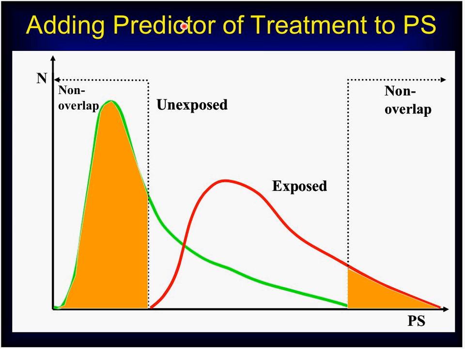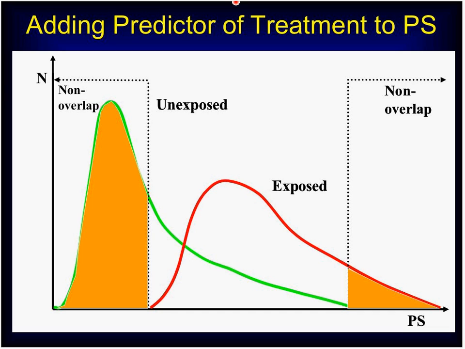If this predictor of treatment is also affecting the outcome, then it's a confounder, and then I need to put it into the propensity score. But if it's not affecting the outcome, then it should not be in the propensity score.